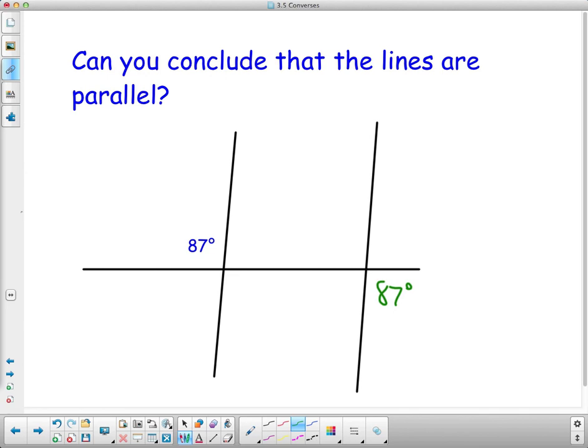Are they? Okay, show me. This one should be yes because of the converse of the alternate exterior angle theorem.